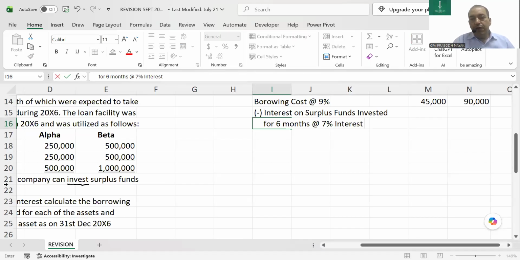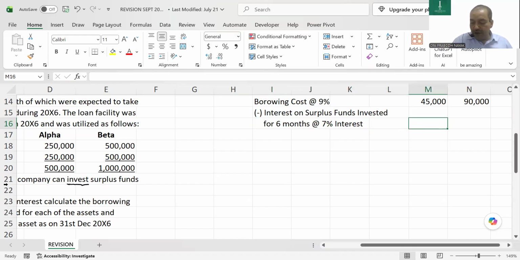So now it will be 7% of 250,000. 7% of 250,000 for 6 months. For full year it is 17,500. For 6 months that will come to 8,750. So minus that amount of 8,750.